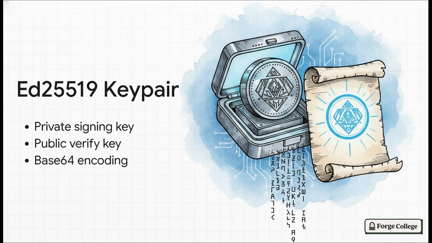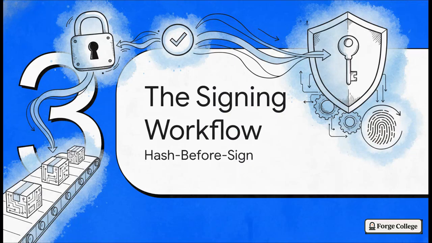From that private key, you extract a public verify key, which is the imprint you actually share with the rest of the world. And because we really don't want to deal with messy, unreadable computer gibberish, we serialize both of these into base64 strings. Think of it kind of like translating alien machine code into neat, readable text that we can safely store and pass around.